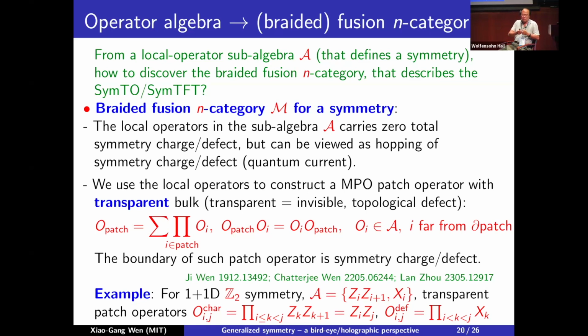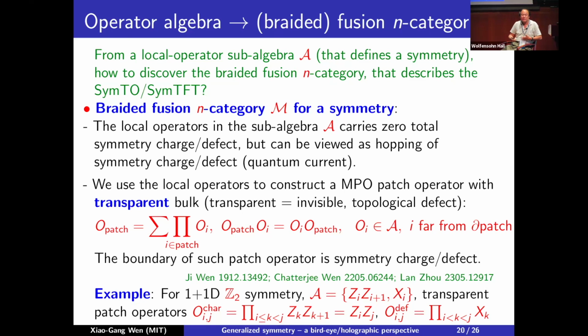So formally speaking, we want to multiply these local operators together to construct an extended operator, such that the bulk of the extended operator commutes with all other local symmetry operators. So the bulk is invisible. The boundary is visible, but the bulk is totally invisible. And when you have an operator with an invisible bulk, the boundary describes a superselection sector.